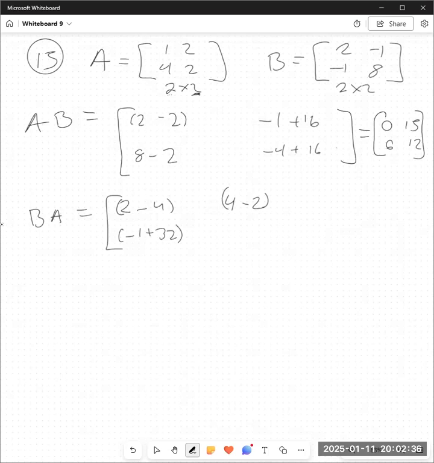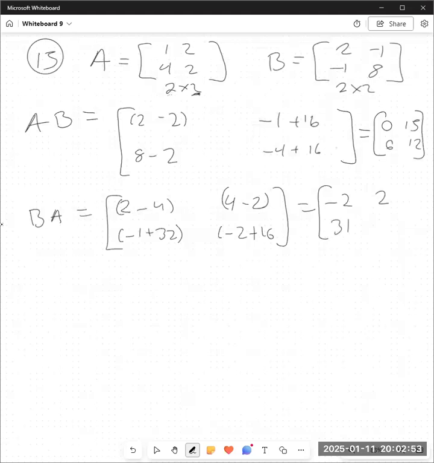And then -1 times 2 is -2. 8 times 2 is 16. So that's -2, 2, 31, and 14.